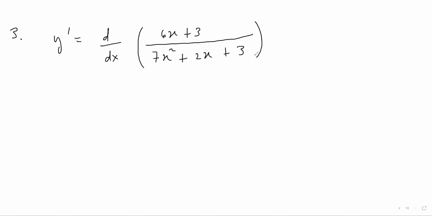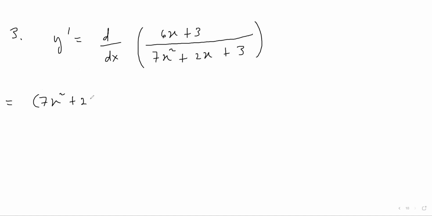So it's the derivative of a quotient, two functions divided by each other. Applying the quotient rule that we discussed earlier, you start with the function at the bottom. The order is important.